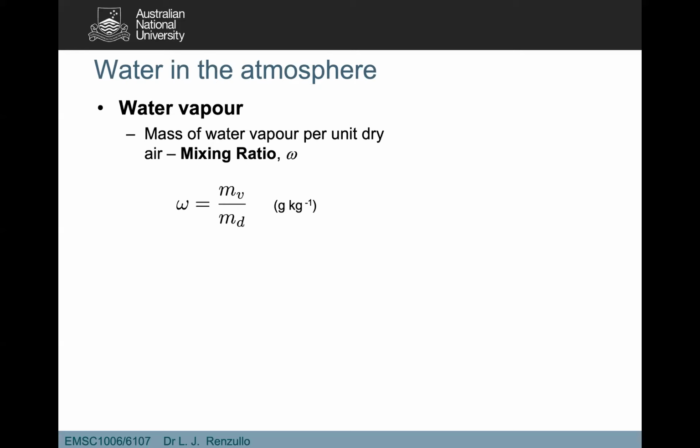It's given as this Greek letter omega, as the ratio of the mass of water vapor in a given volume compared to the mass of dry air in that same volume. As the mass of water vapor is typically maybe 2 orders of magnitude less than the mass of dry air in that same volume, it has units of grams per kilogram.